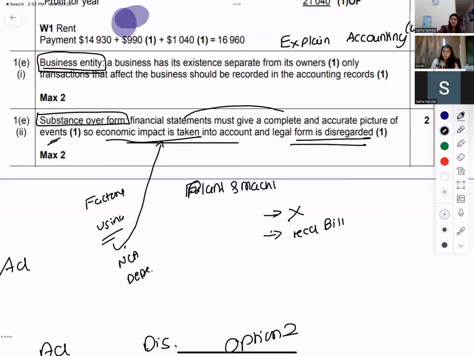Again, can you tell me substance over form? Financial statements must give a complete and accurate picture of events, so economic impact is taken into account and legal form is disregarded.